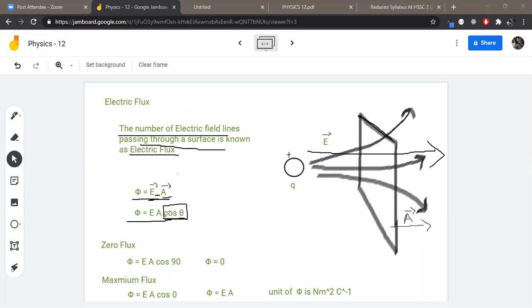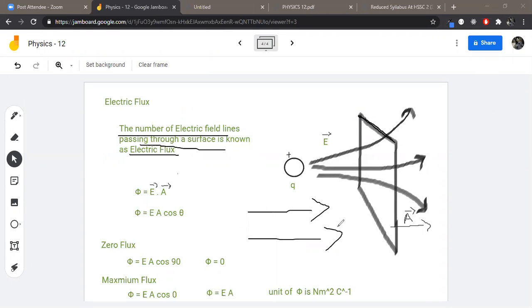This theta is the angle between the electric field, which is along the x-axis, and the area vector of this surface, which in this case is also along the x-axis. So what is the angle between them? That is zero, because both of them are in the same direction.